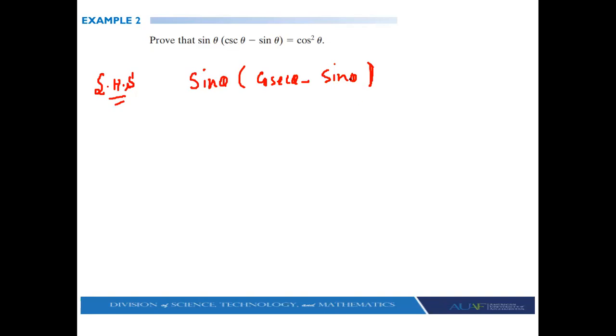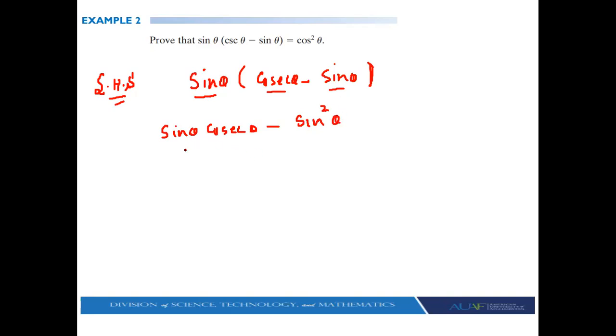Okay. So if you multiply sine with cosecant theta and also with sine theta. So first multiply sine with cosecant theta. We have cosecant theta minus, we have sine theta multiply with sine theta. So this one is sine square theta.